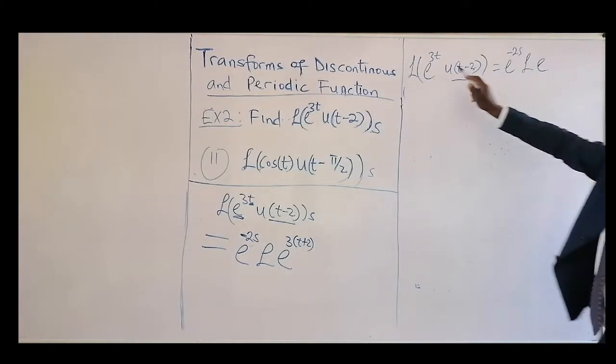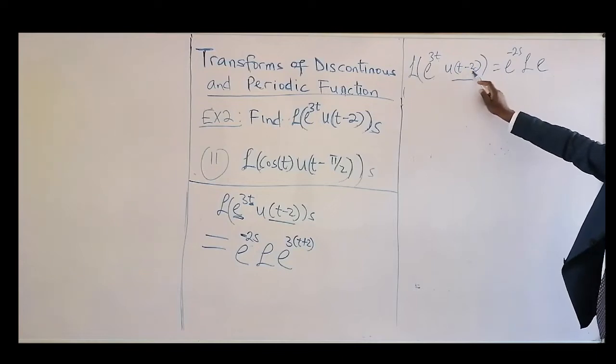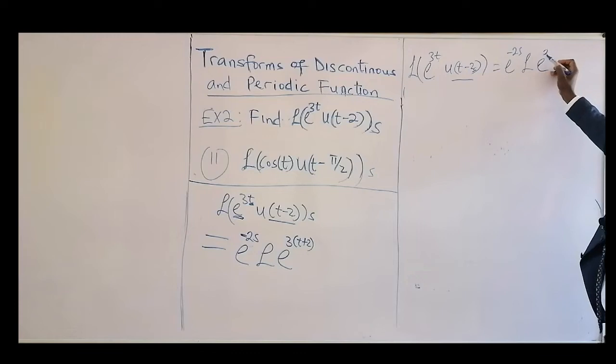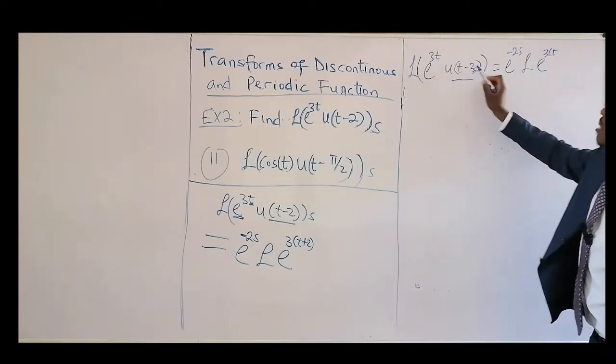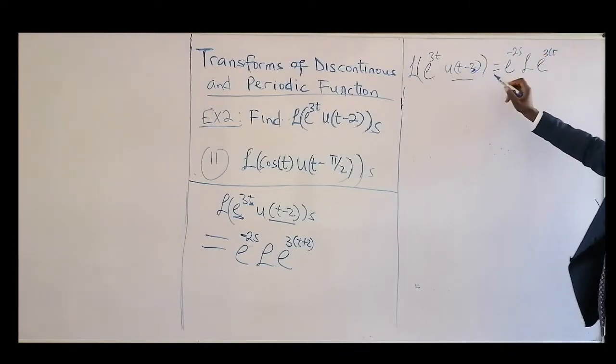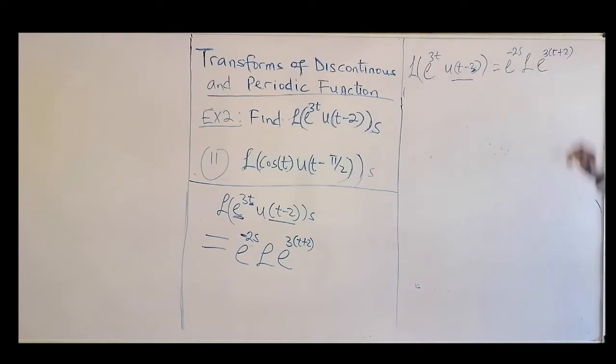There is a shifting in t by minus 2, so anywhere you see t, you substitute t plus 2. The 3 will be a constant, and that t is what you substitute for: 3 times (t plus 2).